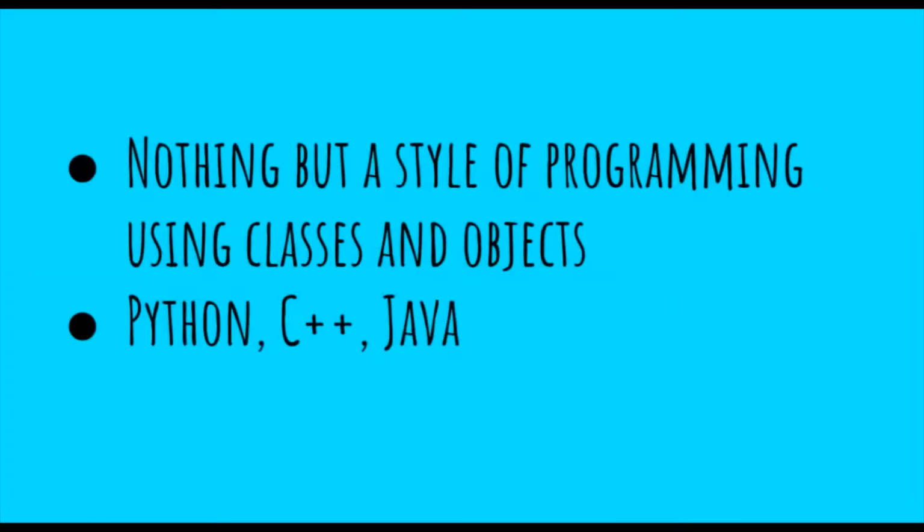To begin with, object-oriented programming is nothing but a style of programming which uses classes and objects. We'll see what classes and objects are further in the video, but for now, just keep in mind that everything is an object. Some of the languages that support this paradigm are Python, Java, C++, and JavaScript, and of course, there's a lot more.